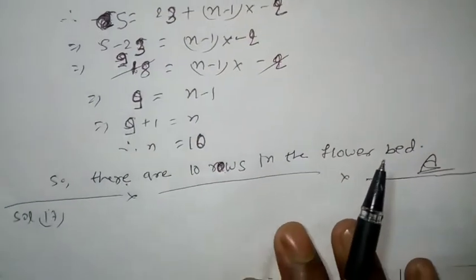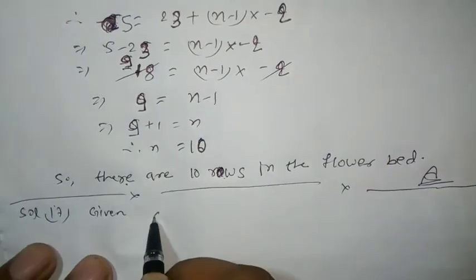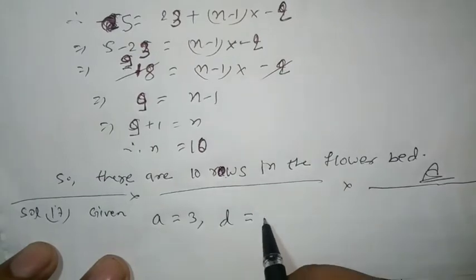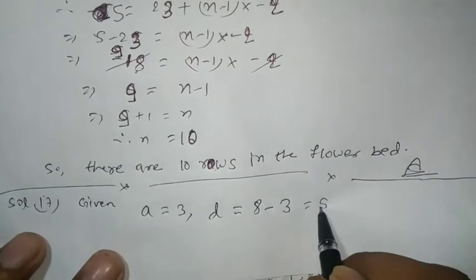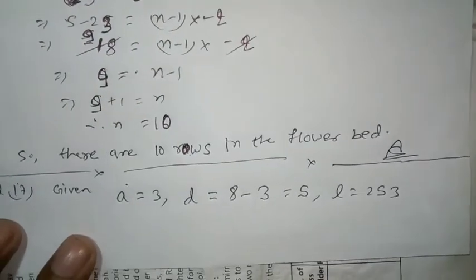Now given: A is equal to 3, D is equal to second term minus first term, 8 minus 3 is equal to 5, L is equal to 253.